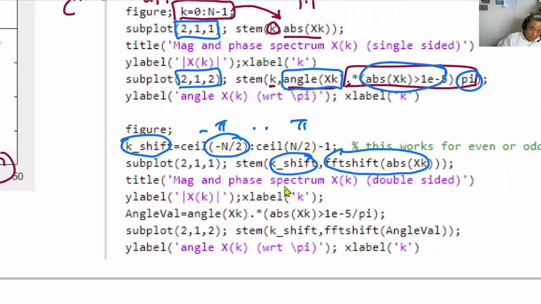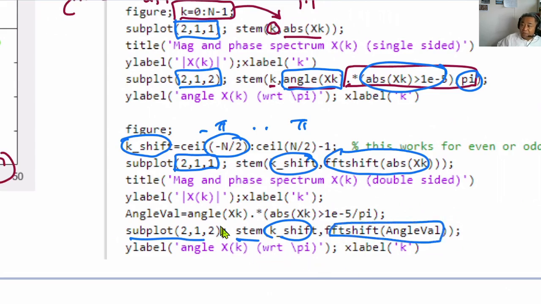So the first figure, the top one, 211, means the top figure is stem of k shift, FFT shift of absolute. And what about the bottom one, 212? This is stem of the k shift, showing the horizontal axis and the FFT shift of the angle value.